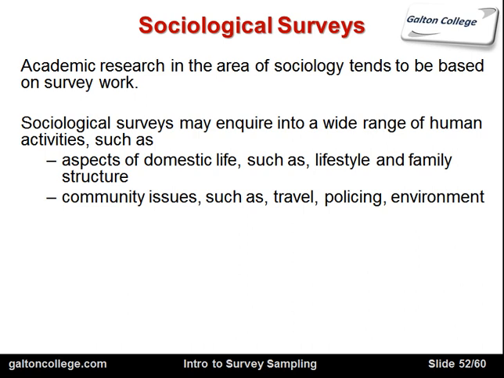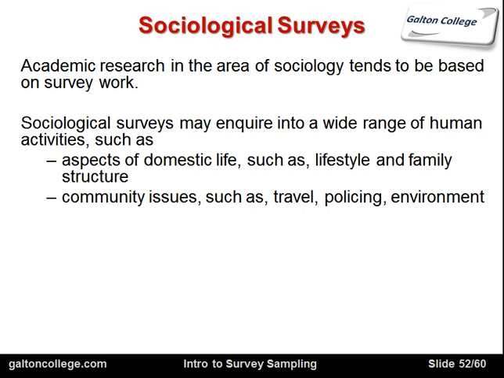There are lots of sociological surveys. Academic research in the area of sociology tends to be based on survey work. Sociological surveys may inquire into a wide range of human activities, such as aspects of domestic life, such as lifestyle and family structure, or look into community issues such as travel, policing, the environment, many areas.